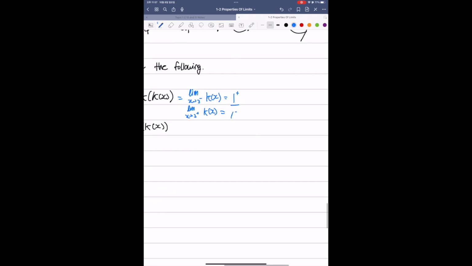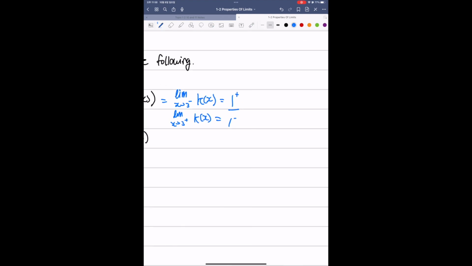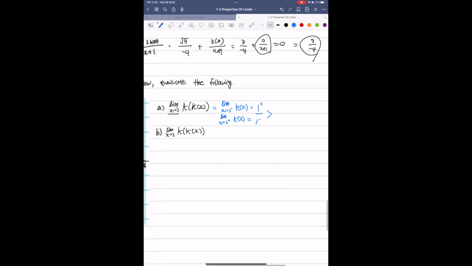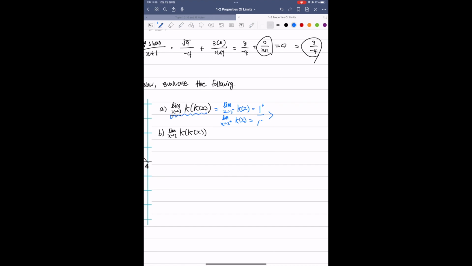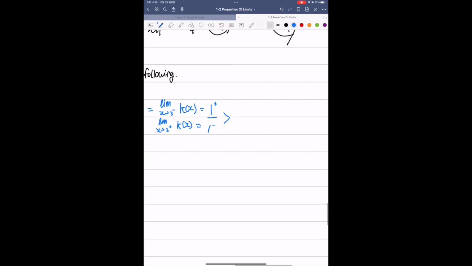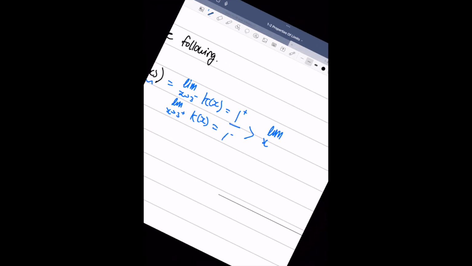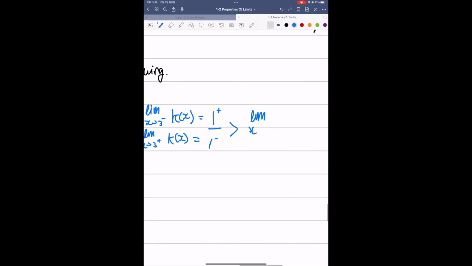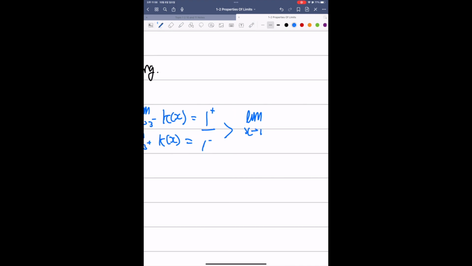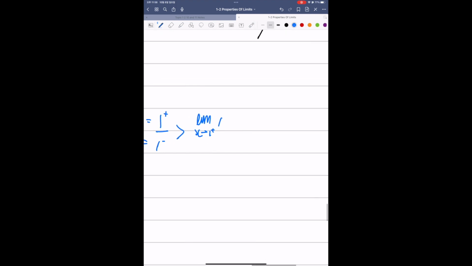And since these two are not equal, we can say the values that we want are D and E. Because, by the composition rule, the limit as x goes towards 1 plus of k(x) is 2.